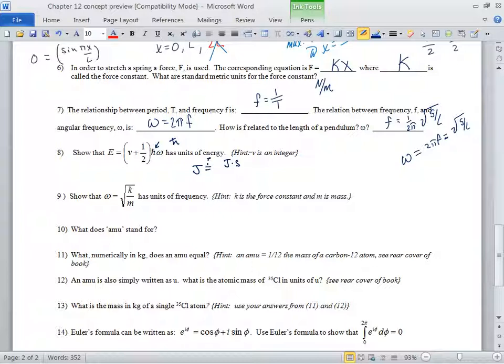But when you multiply radians per second times something, they just disregard radians. It's gone. So really all that's there is the per second.